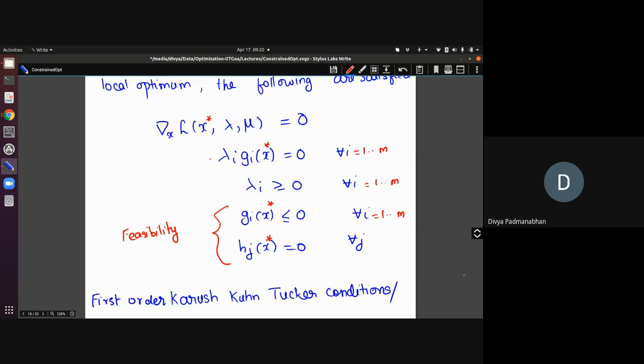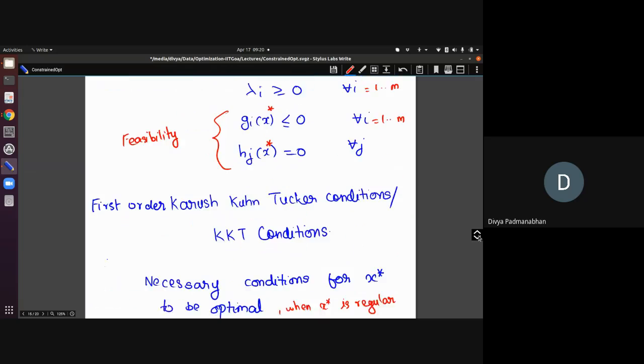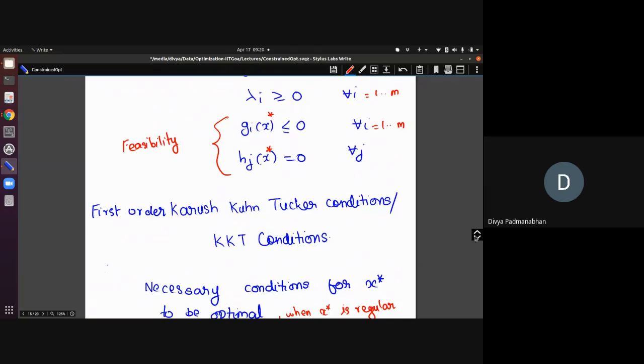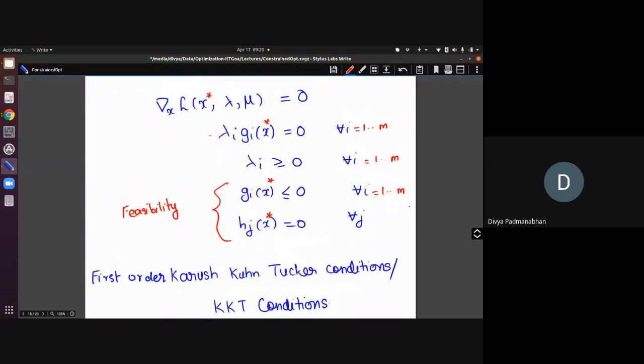And one other thing is you have something called sufficiency conditions. These are only necessary conditions. What this means is that if you're given that x is optimum, you know that these will be true. But there may be some other points which don't even satisfy these conditions.